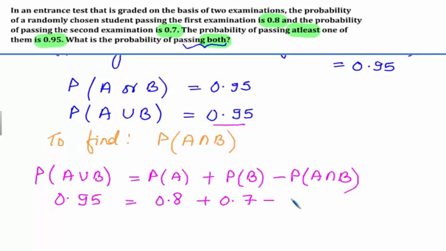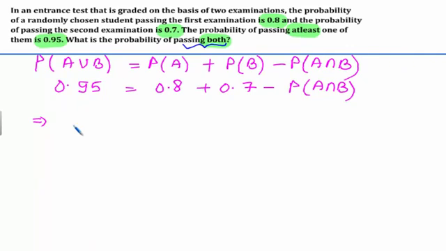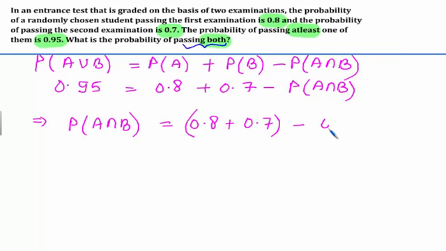And we have to find the value of probability of A intersection B. So this further implies that probability of A intersection B is equal to 0.8 plus 0.7 minus 0.95, and this is equal to 0.55.